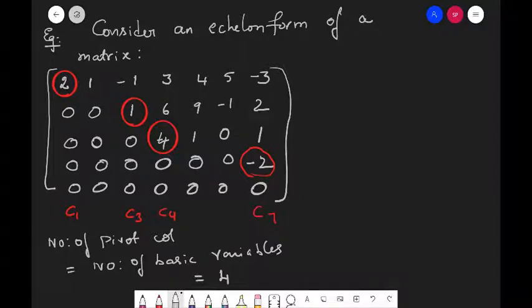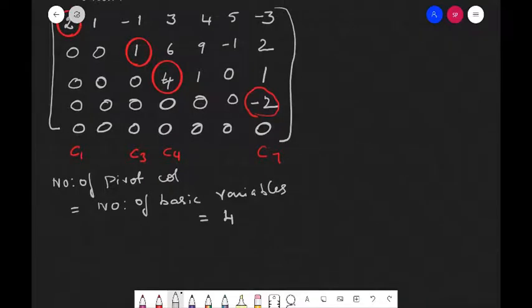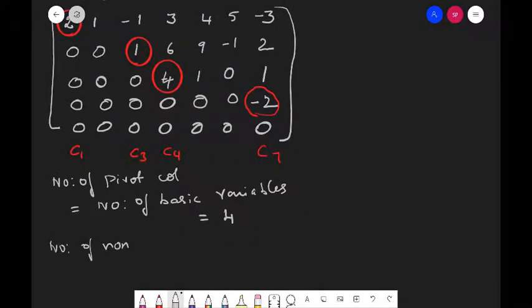And the next inference that I draw from here is number of non-pivot columns, that is equal to number of free variables is equal to 3. So now let me write.